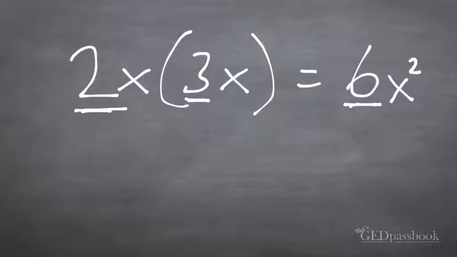But how does that work? Why does it become x squared? Because, tell me, my friends, what do those x's have for their powers? 1. One? Yeah, that invisible power of 1. Well, tell me, my friends, what's 1 plus 1? 2. That's where you get your 2.